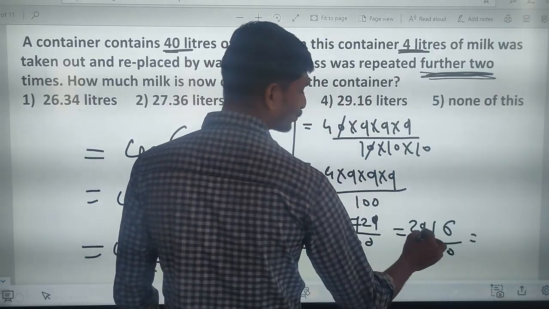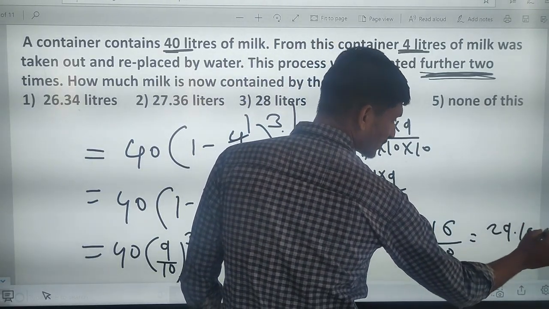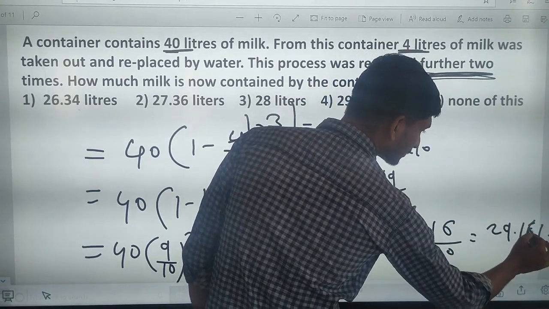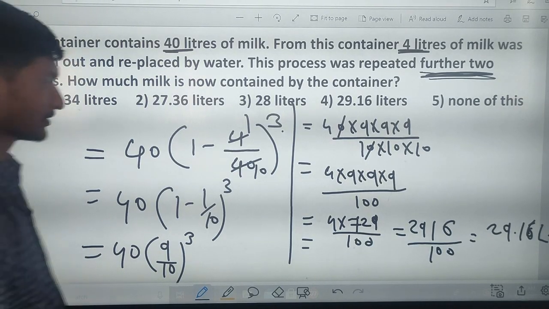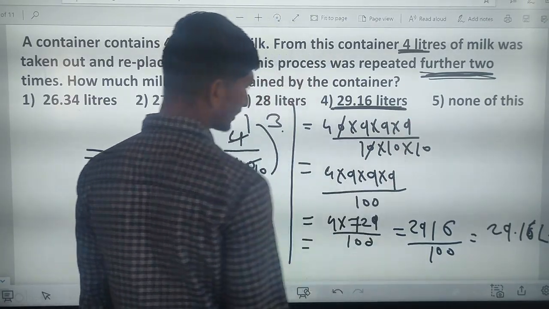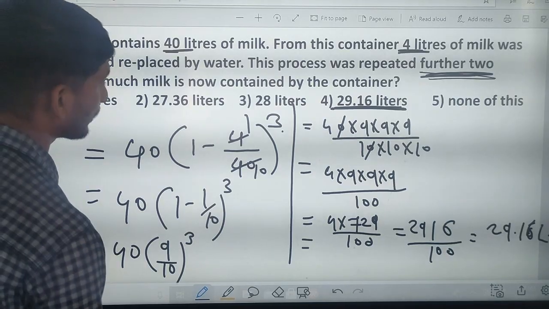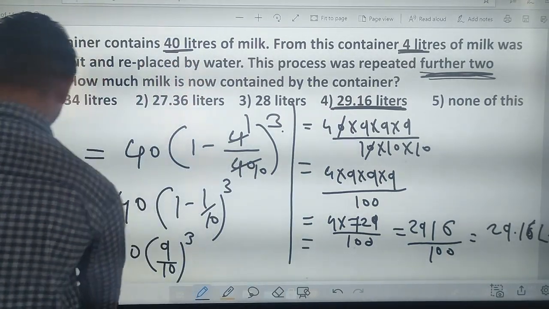Now 2916 divided by 100 is 29.16 liters. Now the milk in the container is 29.16 liters. So this is the milk available in the container. Next.